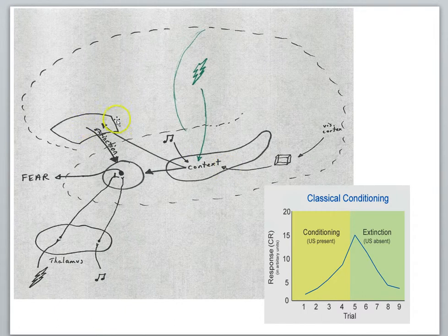Some of the evidence for that, remember, was if you lesion this area of the frontal cortex, you cannot successfully do the extinction procedure. They will just continue to be fearful of the tone, even though they just hear tone alone, tone alone. Secondly, the frontal cortex has an inhibitory relationship with the amygdala, as if a memory out here could be inhibiting the expression of the fear memory.